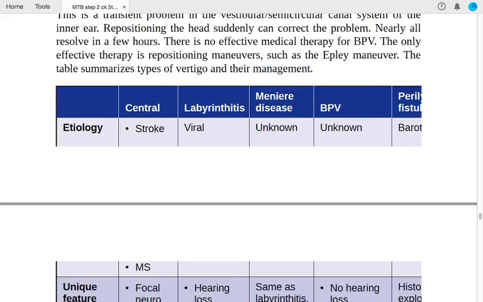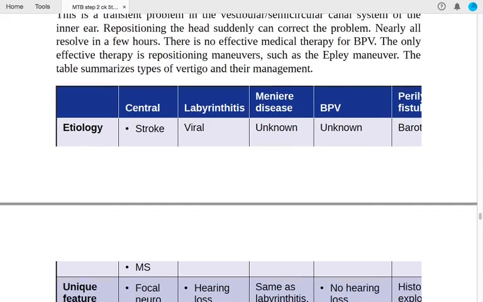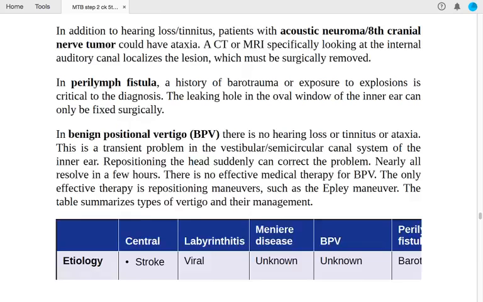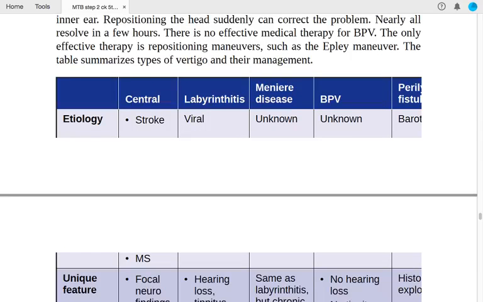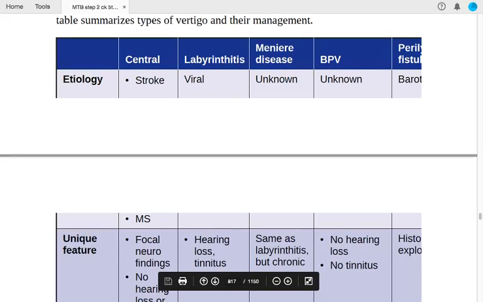So there are some etiologies. We'll see the etiology of central vertigo, labyrinthitis, Meniere's disease, benign positional vertigo, and perilymph fistula. Unfortunately, we won't be able to see the whole picture here, but it's okay. What's the etiology of central vertigo?